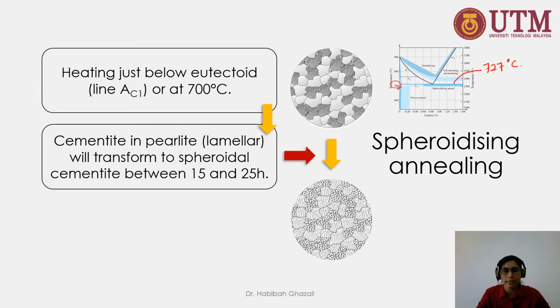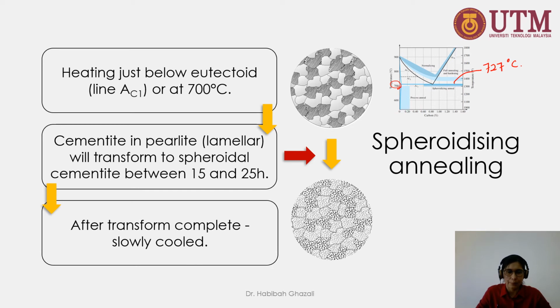So it will require a much longer soaking time, between 15 to 25 hours. And after that, for annealing, it's always going to be slow cooling. So after soaking for 15 to 25 hours, the steel will be slow cooled inside the furnace.